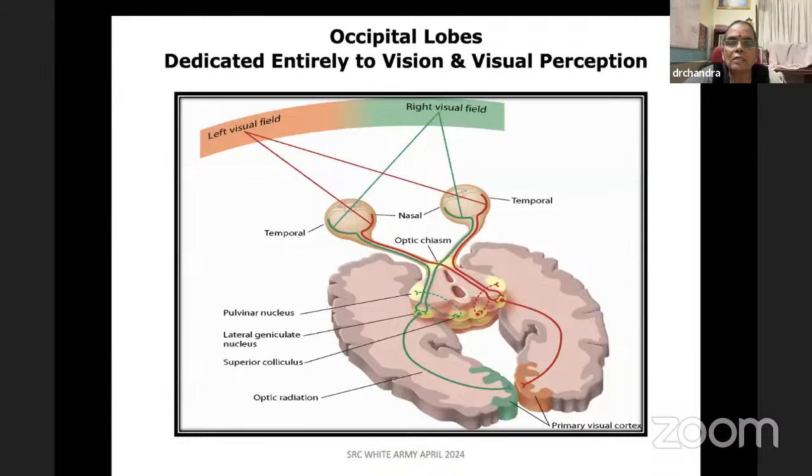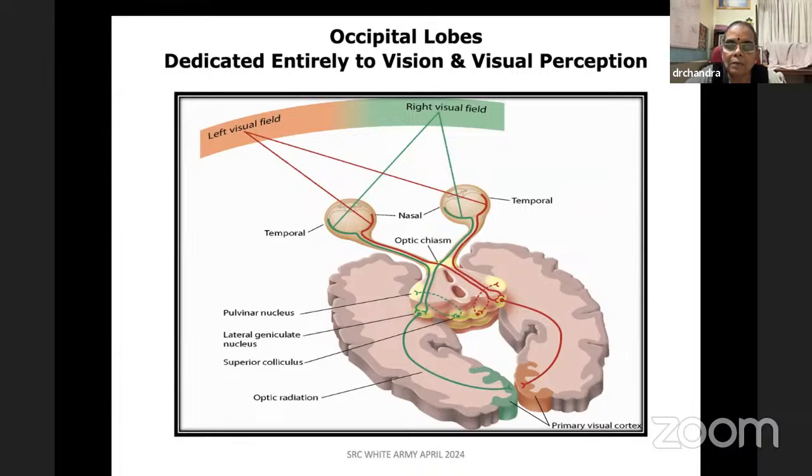So as we know, this is the usual visual pathway. We have previously gone through all this when I did the basic visual systems. So you know that there is a retina, you have the nasal fibers which cross and the temporal fibers which do not cross, and among the nasal fibers which cross, there is Willebrand's loop. The upper part of the nasal goes to the opposite optic nerve and the lower goes to the ipsilateral optic tract, which is called Willebrand's loop.